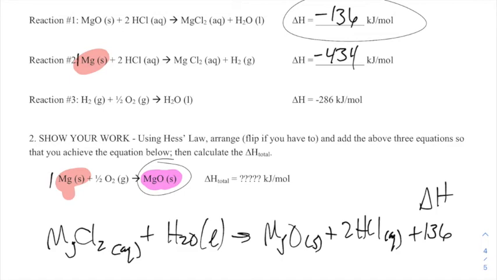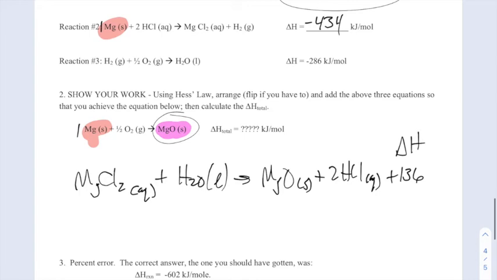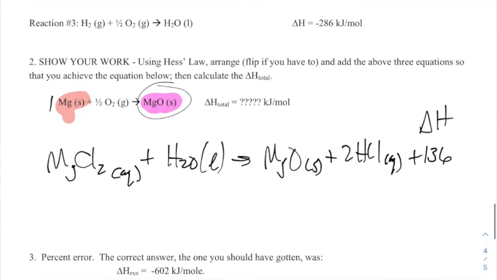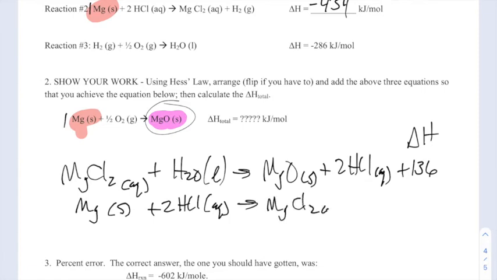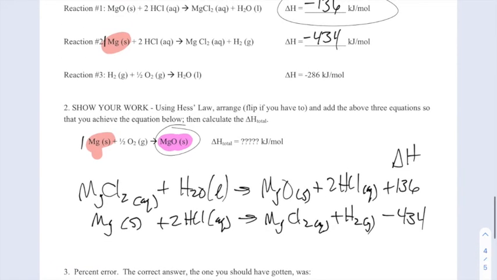I've got 1 mole of it, and it's already on the left, so I'm good to go. I don't have to do anything to this. I just have to copy it. So this is magnesium solid plus 2 hydrochloric acids (aqueous) coming over here to form magnesium chloride (aqueous) and hydrogen gas. And that's going to be negative 434 because, again, that did not change.